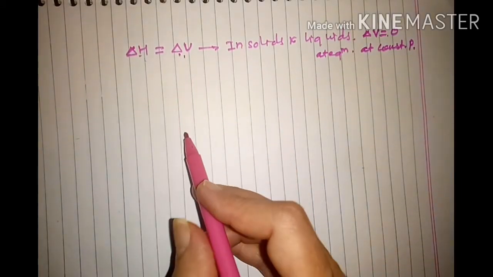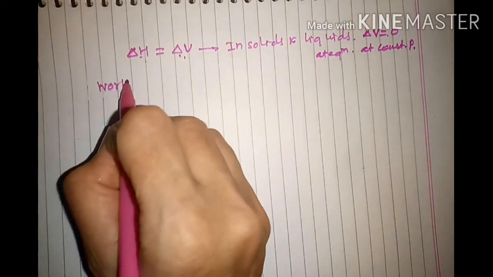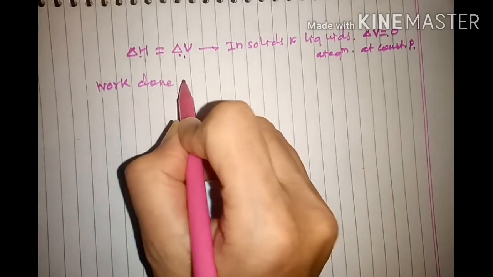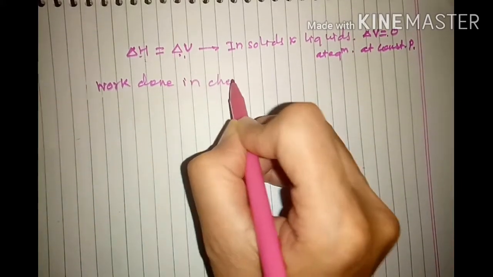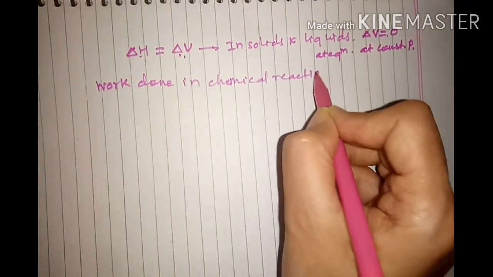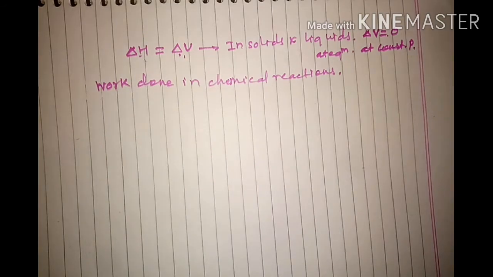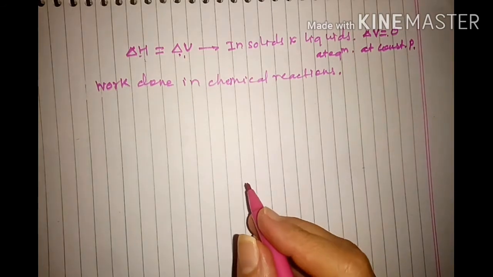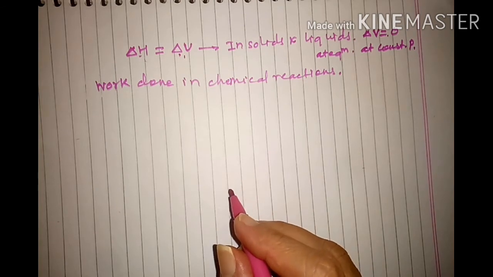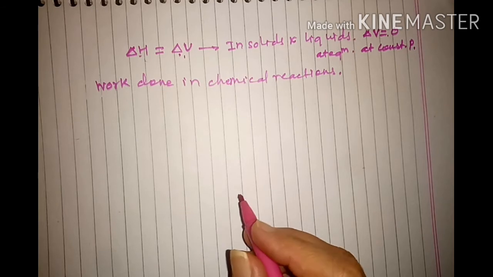Now for the work done in chemical reactions. If a reaction is given, you know the reactant, you know the number of moles of reactant, and you know the number of moles of product forming. So you can calculate everything and you will be aware about the work done.